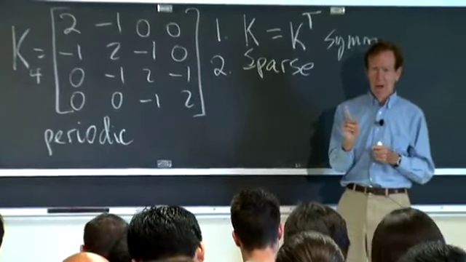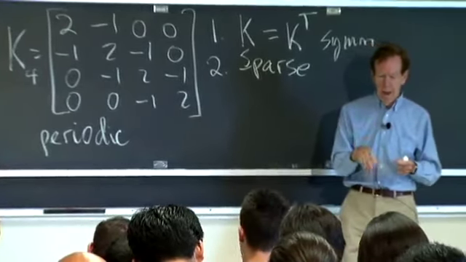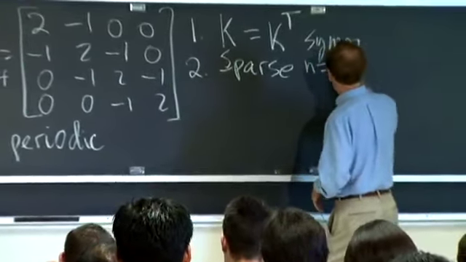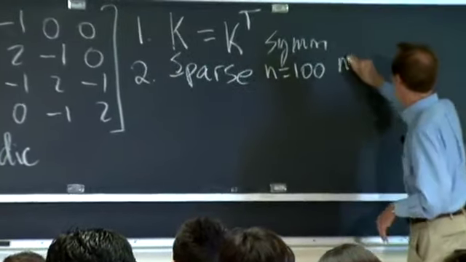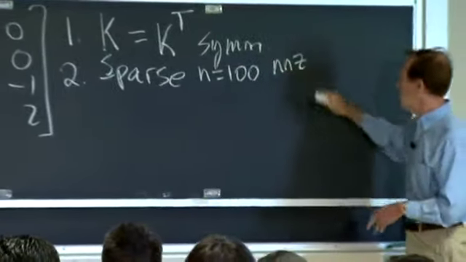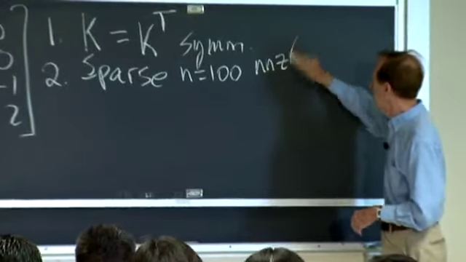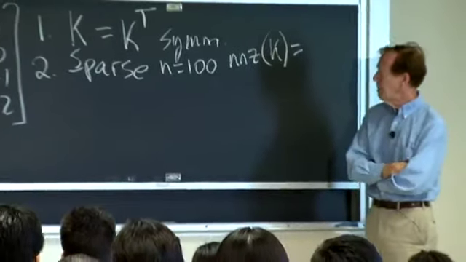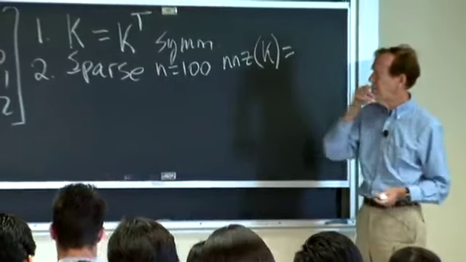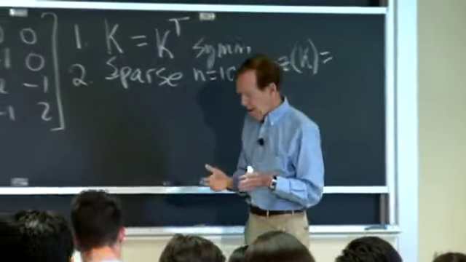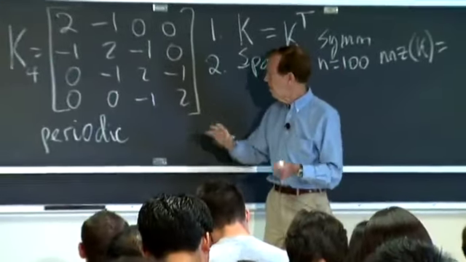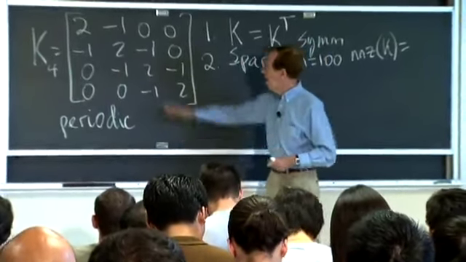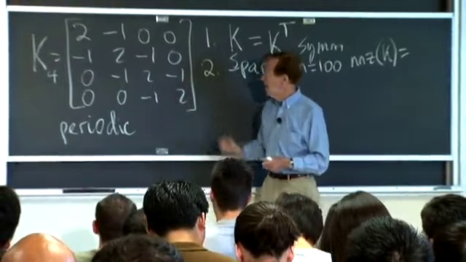So if that matrix was 100 by 100, how many non-zeros would it have? So if n is 100, then the number of non-zeros, wow, that's the first MATLAB command I've written. The number of non-zeros of K would be, anybody know? I'm just asking you to go up to 5 by 5 and keep that pattern alive: 2's on the diagonal, minus 1's above and below.